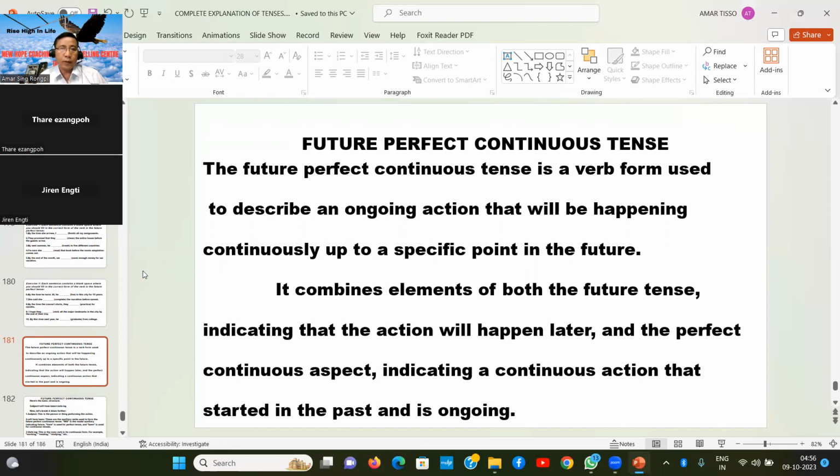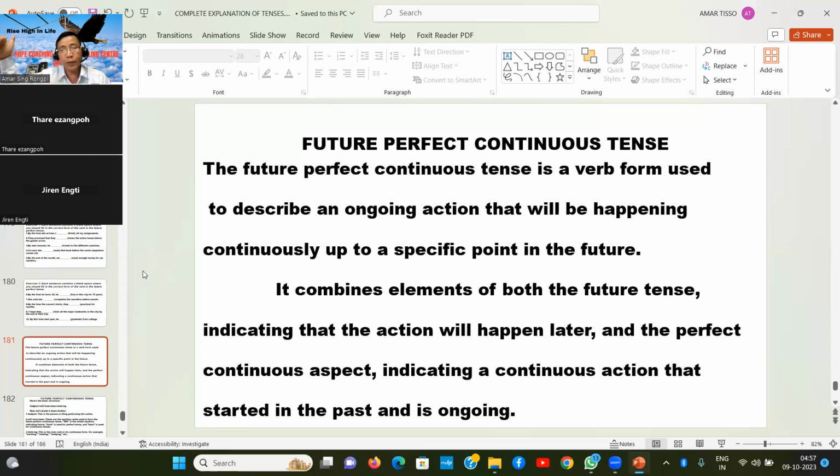Okay. So the future perfect continuous tense is a verb form used to describe an ongoing action that will be happening continuously up to a specific point in the future.